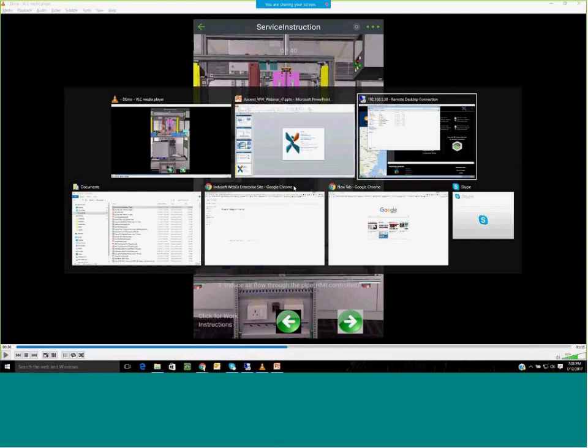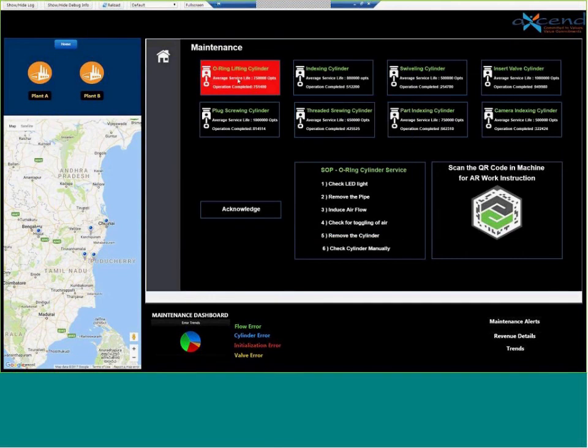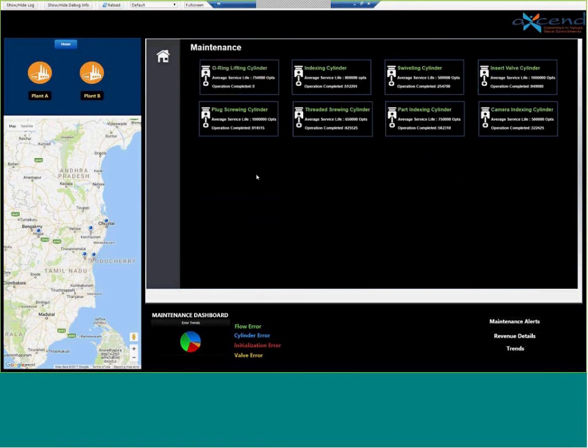So now let me go back to our demonstration here. Now that we know that something has failed, why it has failed, and how to fix it, we will acknowledge it. Since we are monitoring all of these operations at the same point of time, if you see here at the right corner, the insert valve cylinder has an average service life of a certain amount, and there is a certain number of operations that have been completed.